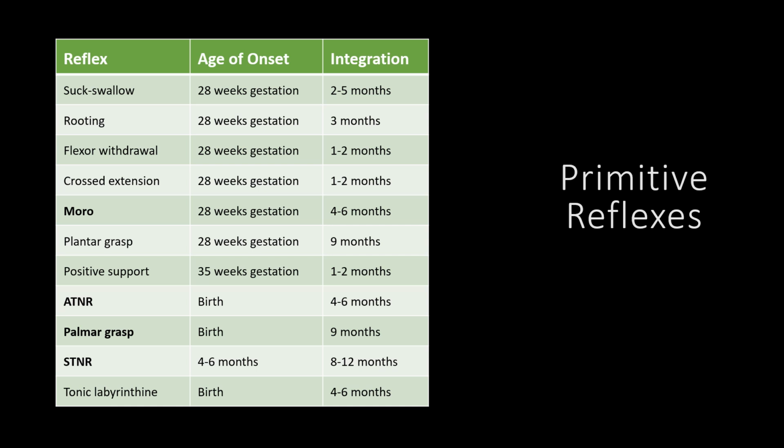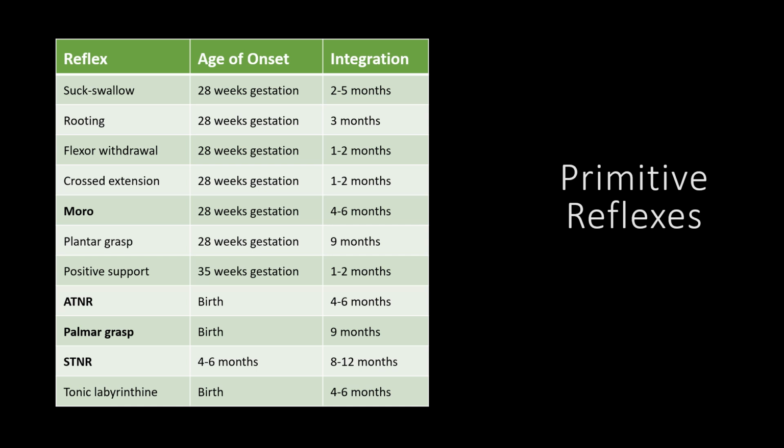Are they presenting with the reflex at the age that they are supposed to, or has that reflex been delayed, or has its integration been delayed? And is that affecting the child's ability to contribute to motor movement and motor planning? We'll talk about that a little bit more in chapters 4 and 5. But these are important to know and understand, and to know the timeline of.